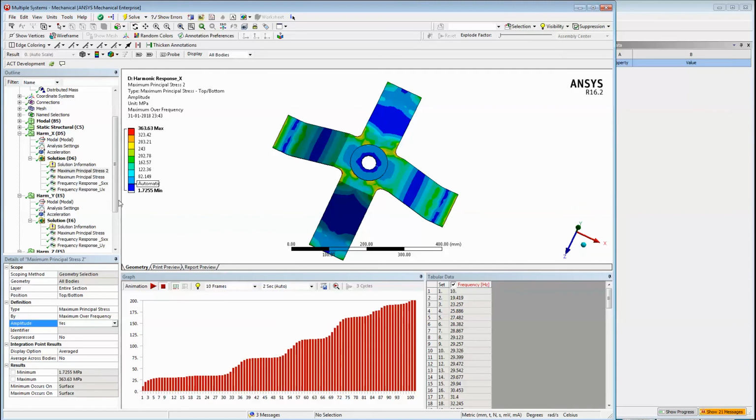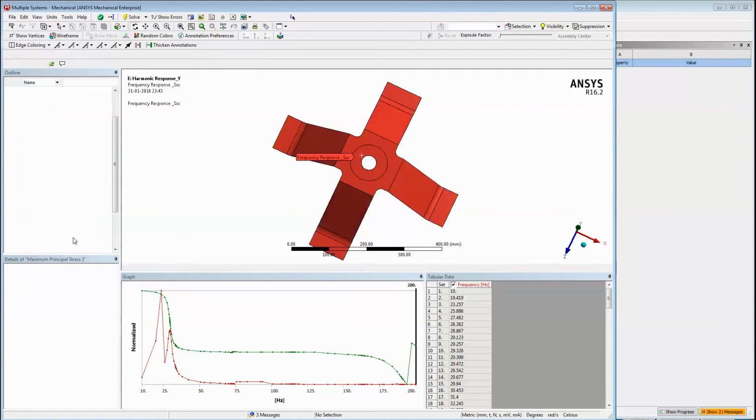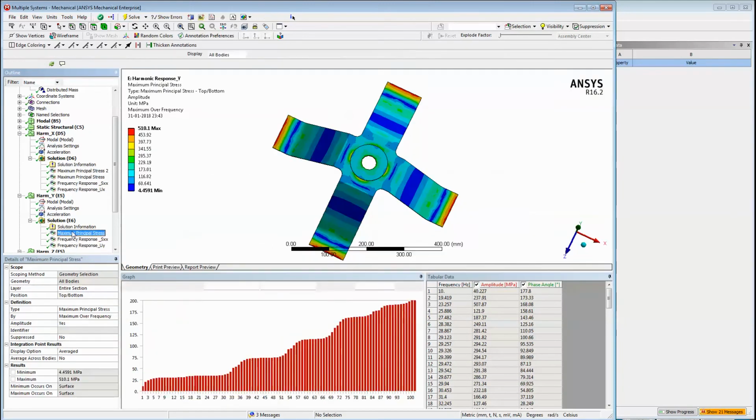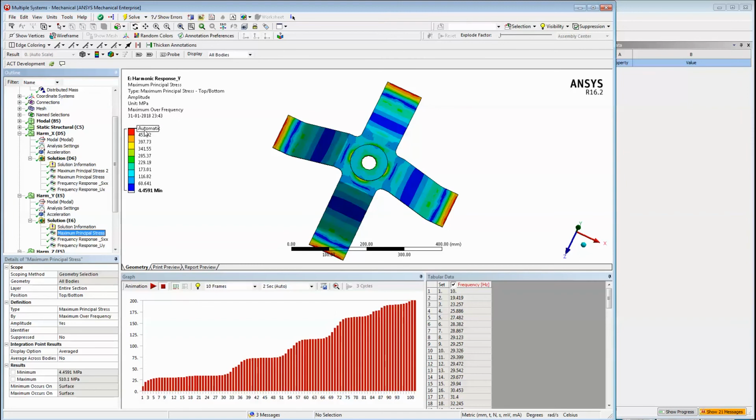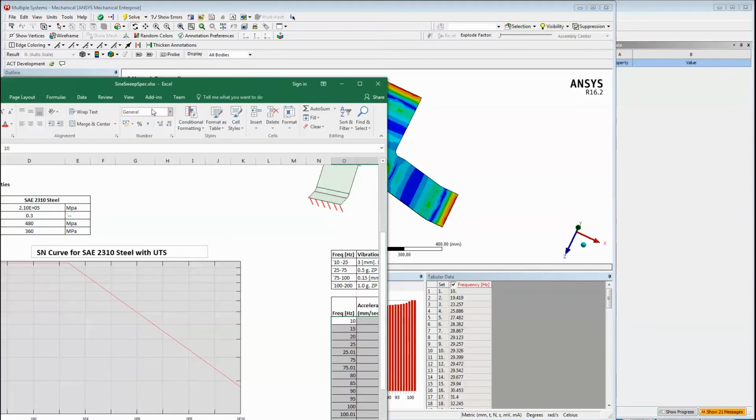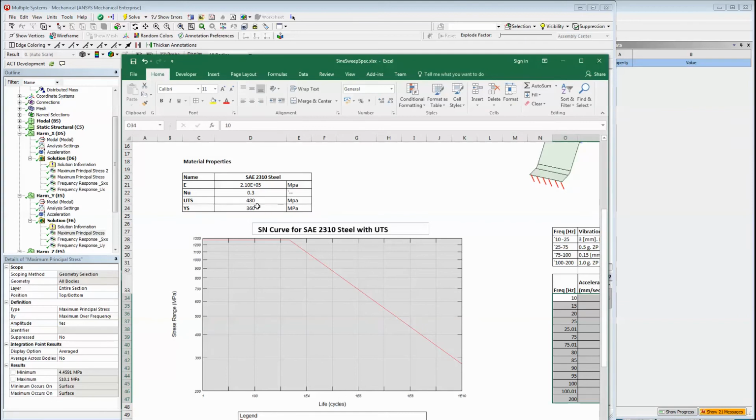It is 363. Look at y. This is around 510. Look at these material data. It's even going beyond the UTS. This is going to be a problem.